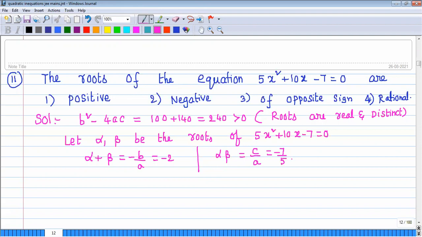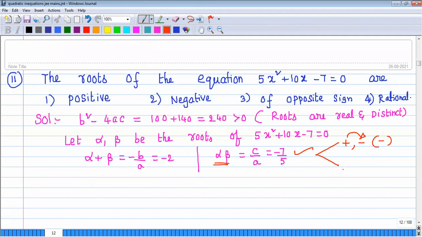Very good. But with the help of these two values, are you able to interpret the signs of the roots alpha, beta? No, sir. Okay, but here we have the choice. See, the product of these roots is negative. It is possible only in two cases. If the first root is positive and the second root is negative, plus into minus gives a minus sign.